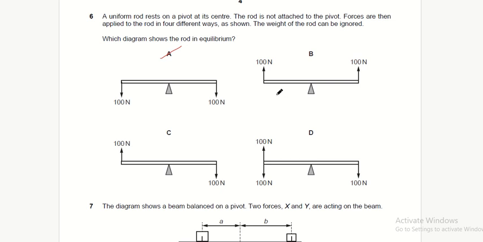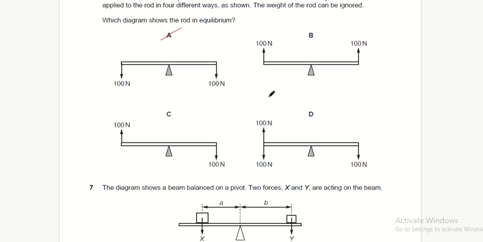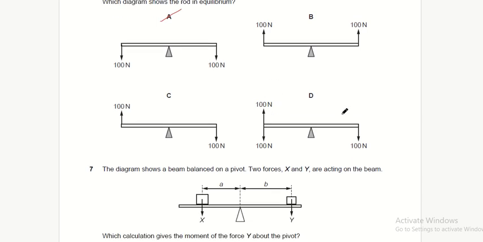Okay, and we have also moment here in the same direction from this force and this force, and we have unbalanced forces here. One might say that there are unbalanced forces here, but this is not true because we have a reaction force at the pivot. Okay.